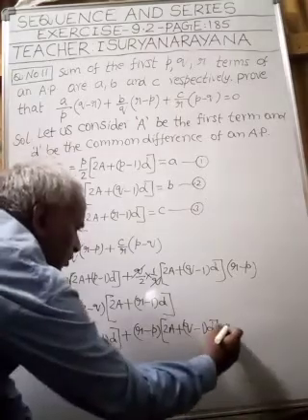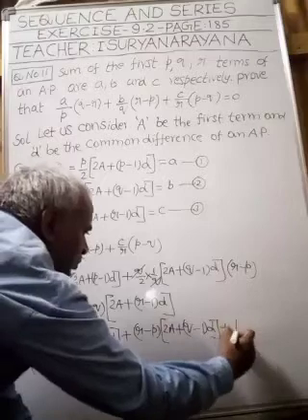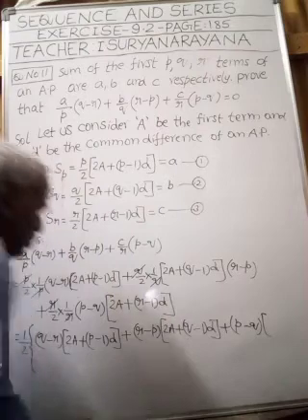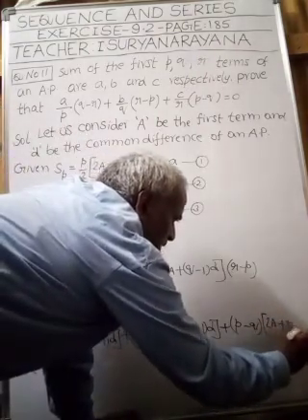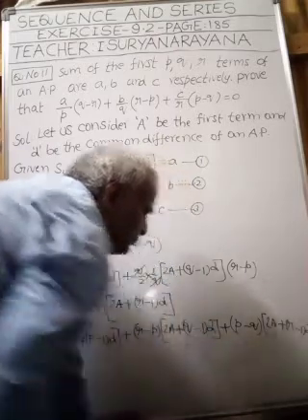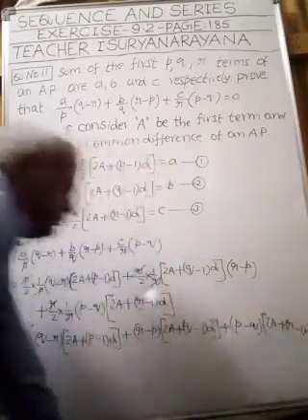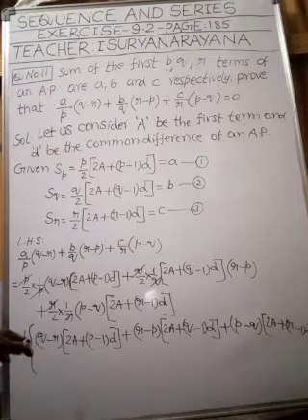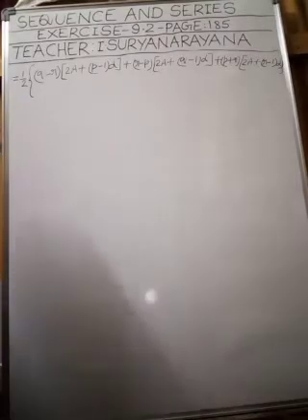Plus P minus Q into 2A plus R minus 1 into D. Understood this last term? Understood this step? Now let us simplify these terms. Here I wrote the last step again.